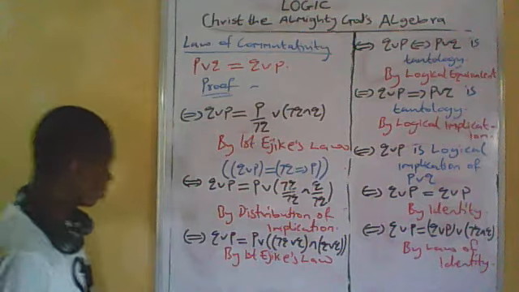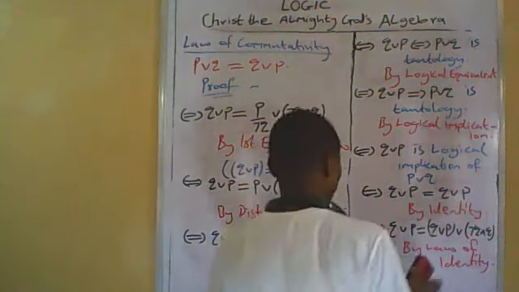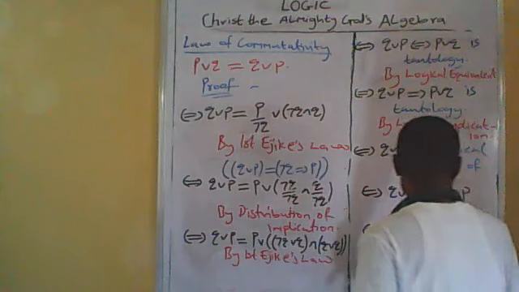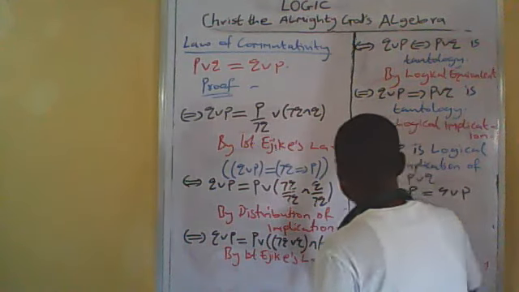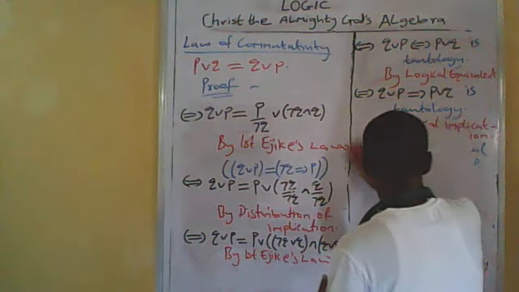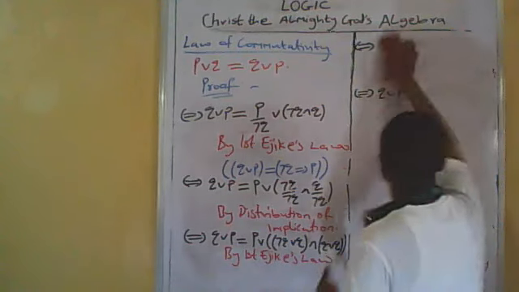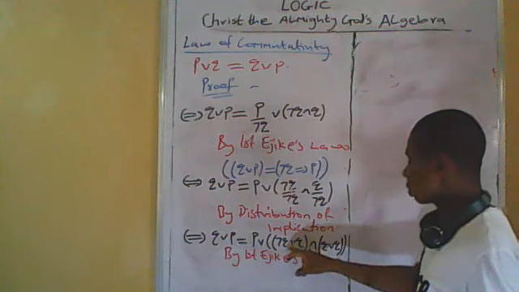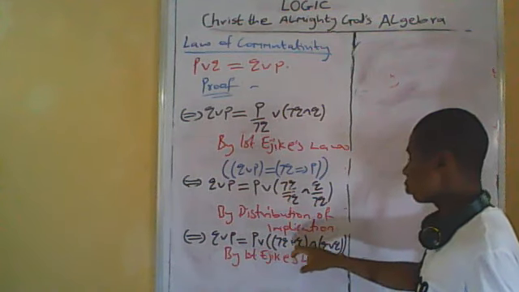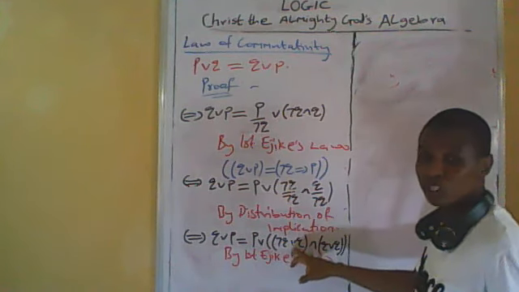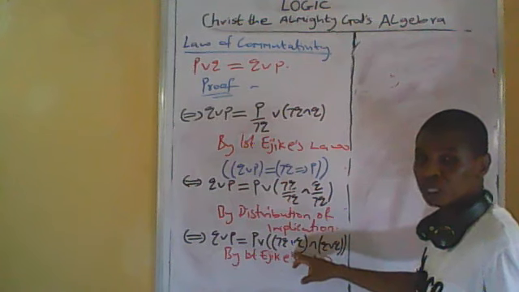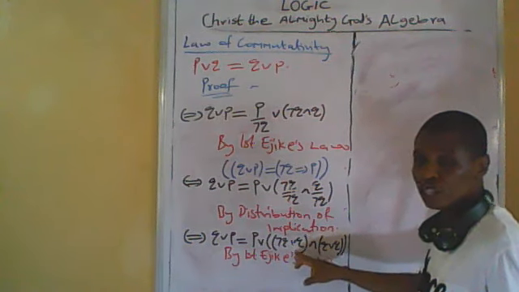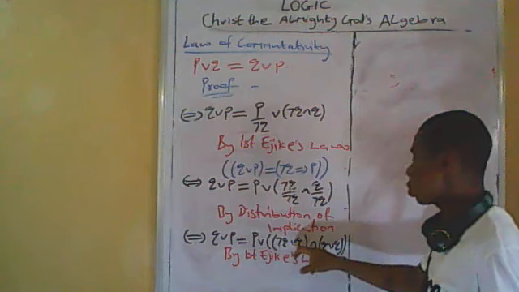Since we have now transformed it to its logical equivalent in disjunctive statement, you can see that this not Q or Q is equivalent to T, which is equal to a tautology. That means by law of complement, it's equal to tautology.